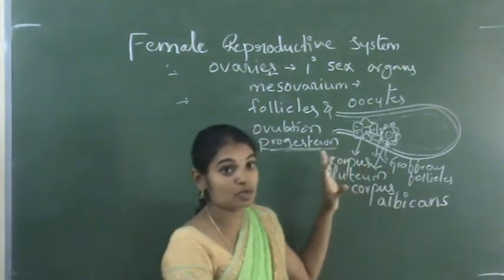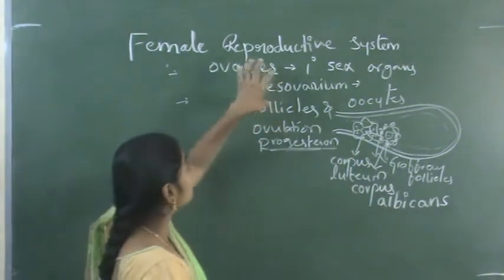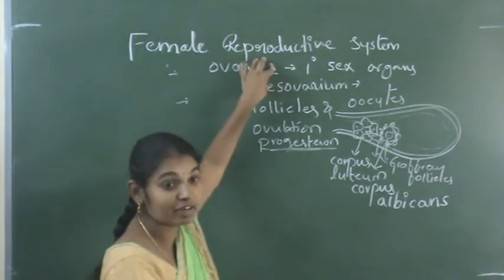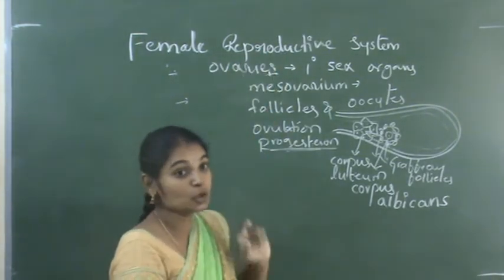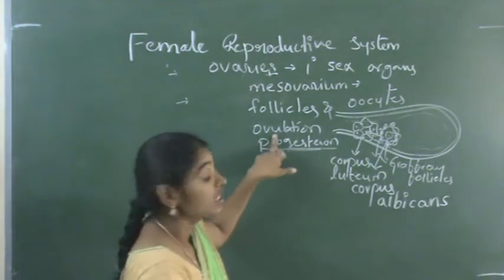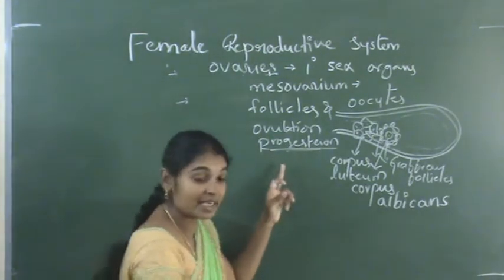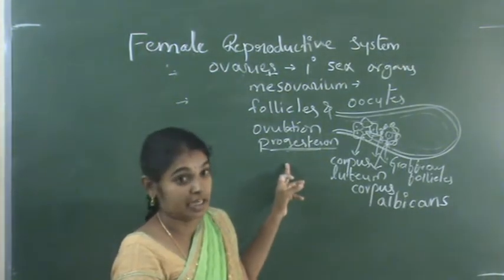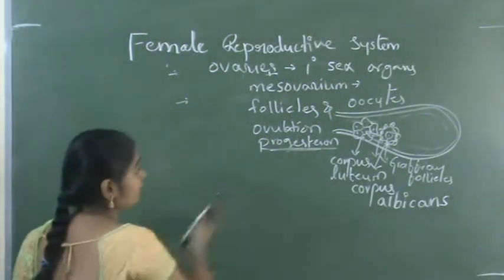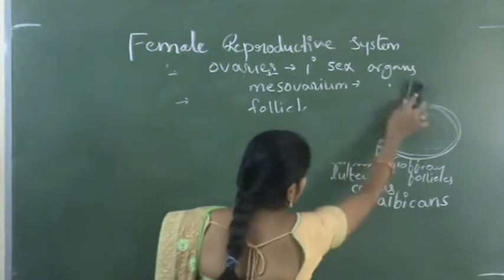This is what exactly takes place in the ovaries. So ovaries perform two main functions: ovulation, the releasing of ovum, and secretion of progesterone.